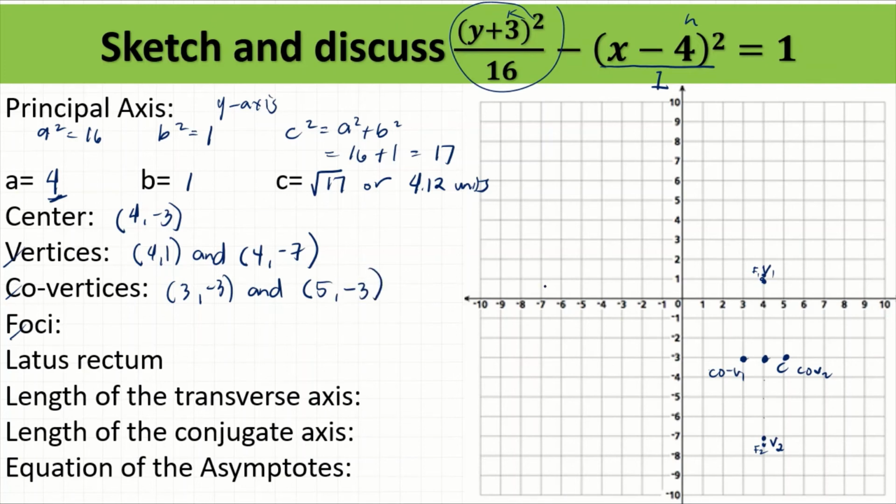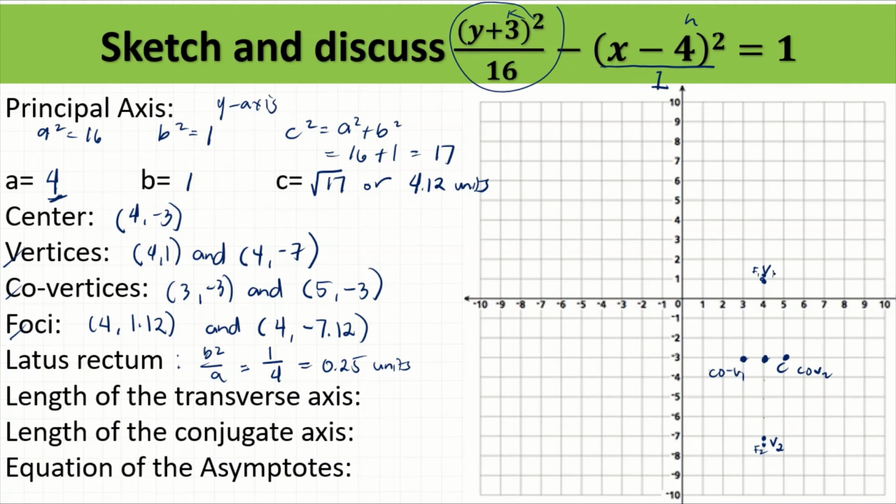For the foci, magkalapit lang siya sa ating vertices. So, we have 4, 1.12, and we have 4, negative 7.12. For the latus rectum, again, we're going to use b squared over a. b squared is 1 over a is 4. So, 1/4 is equal to 0.25 units. So, ibig sabihin, magbibilang tayo ng 0.25 units perpendicular sa ating principal axis.